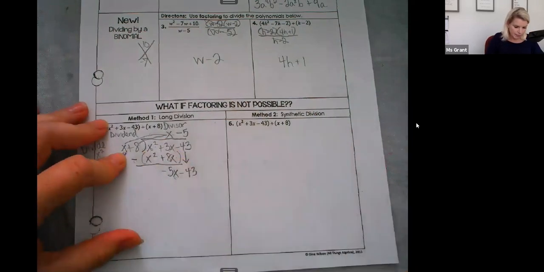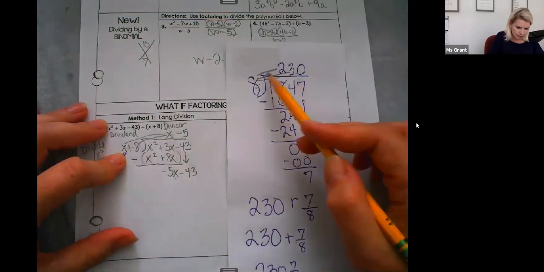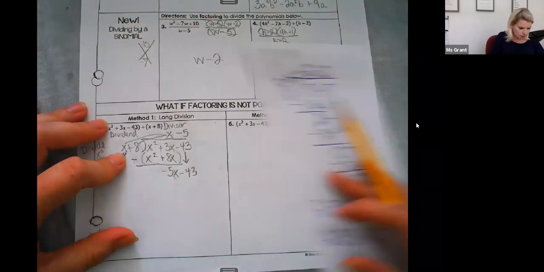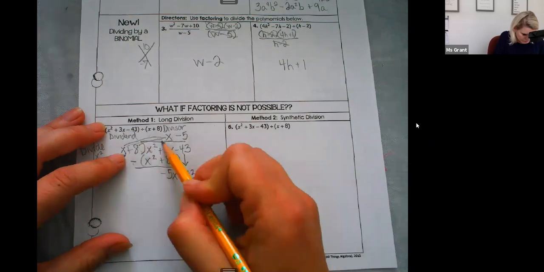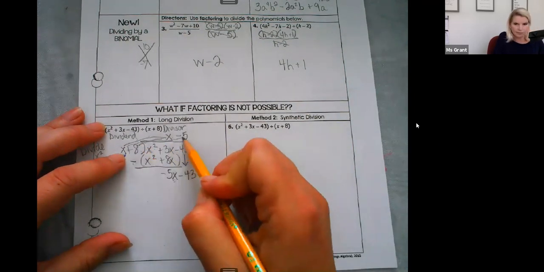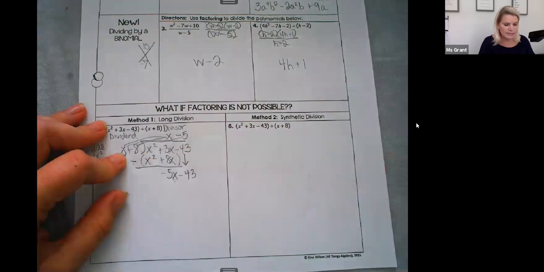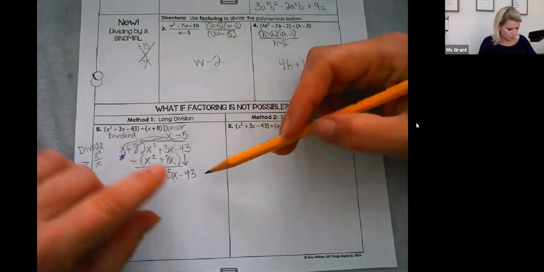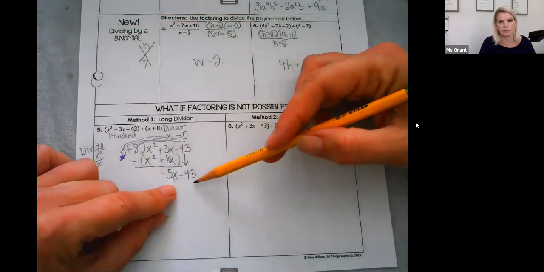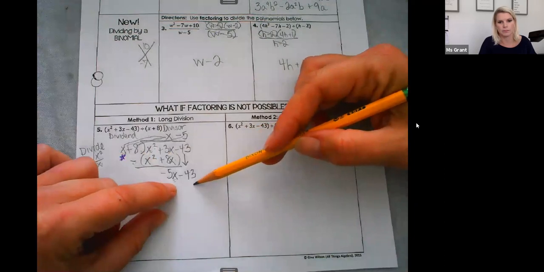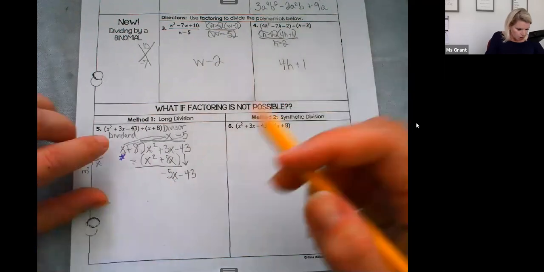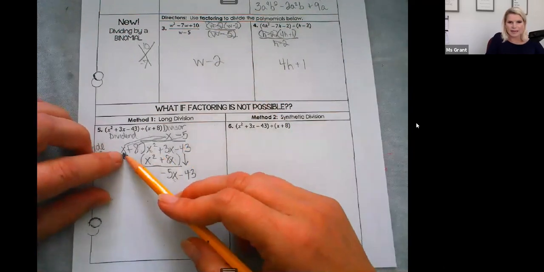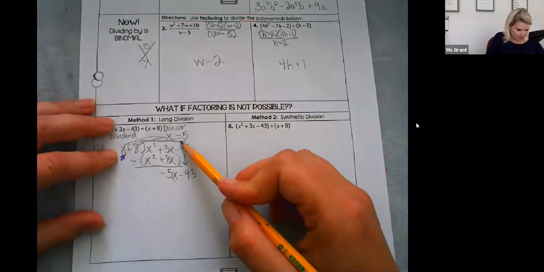Now I multiply. See my little pencil lines? Here's x times negative 5 and 8 times negative 5. They both need to be multiplied by this negative 5 to get my new 2-term. It's going to be a binomial here. So I do this number on the outside, x times negative 5.